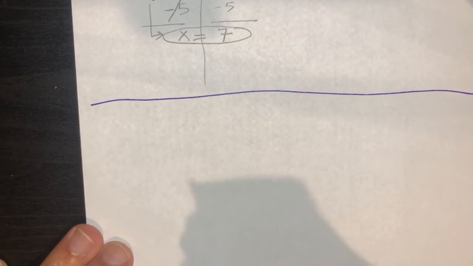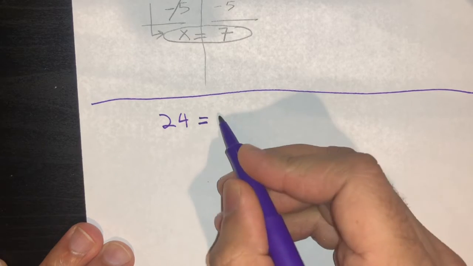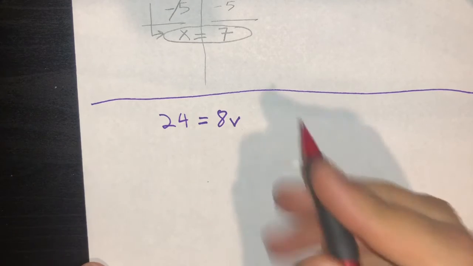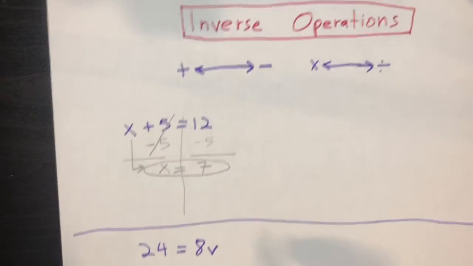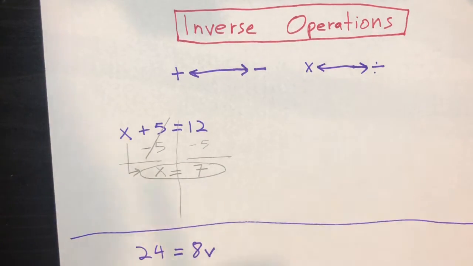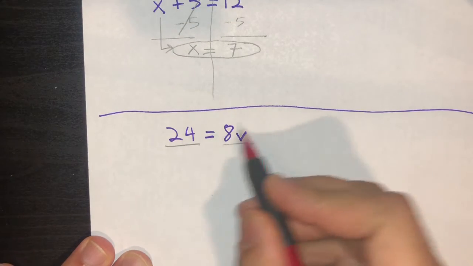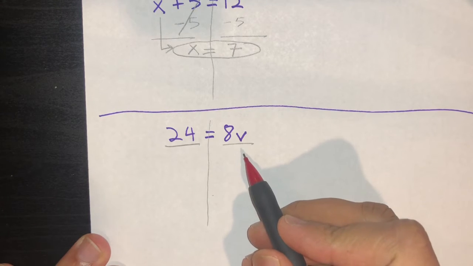So next I have a problem that is a little different. It's going to be 24 equals 8v. So I know that when I have a letter and a number next to each other, that operation is multiplication. So I'm going to do the inverse of multiplication, which we know is division. So I'm going to divide on both sides by the thing that's right next to the variable.